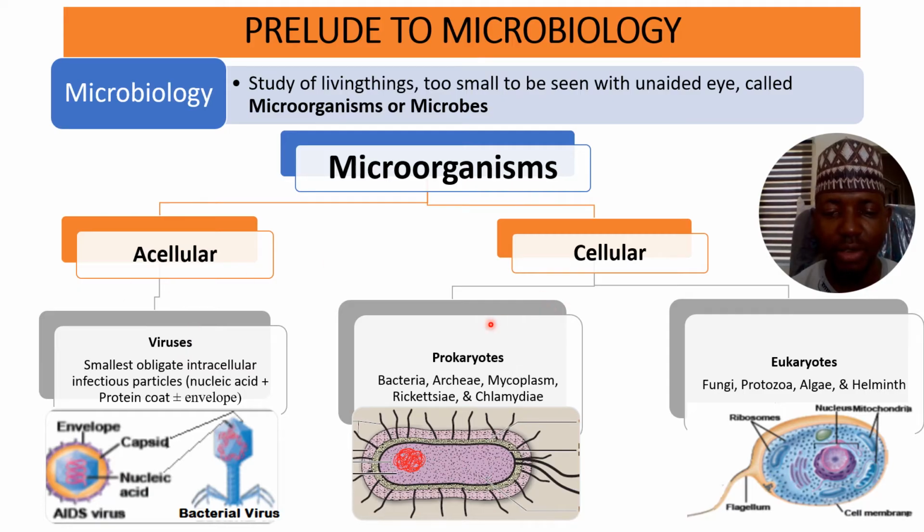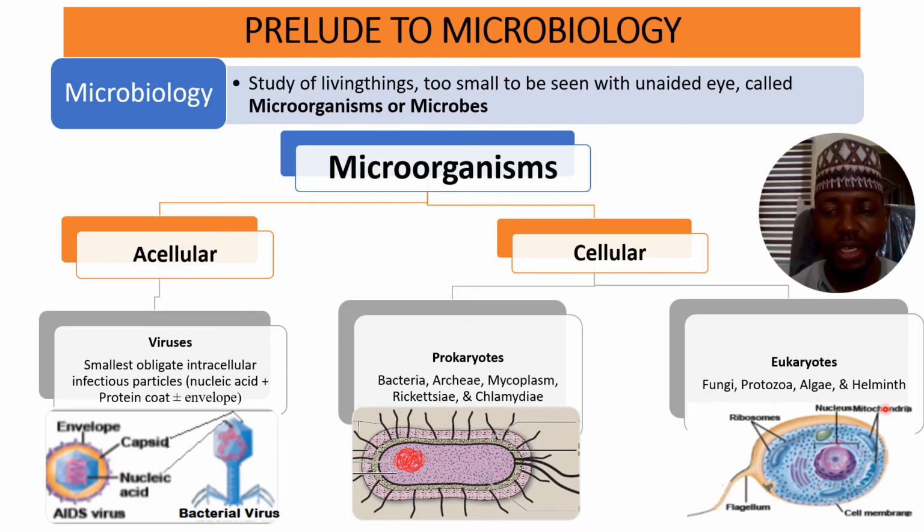Now, altogether, if we add everything together, from the acellular part, we have viruses. In the prokaryotes, we have five categories of bacteria, and then under the eukaryotes, we have four categories: fungi, which include both unicellular and multicellular types, protozoa, which are only unicellular, algae, which are unicellular and some multicellular, and helminths, which are all multicellular.